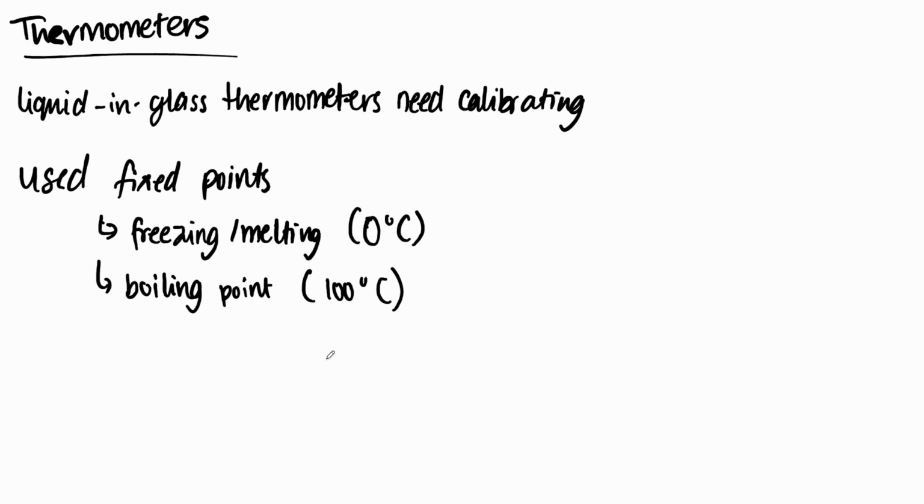To do this, they use fixed points on the scale. So for degrees C, we can use the freezing or melting point of water, which is 0 degrees, or the boiling point of water, which is 100 degrees, and see the accuracy of the thermometer and calibrate it that way.